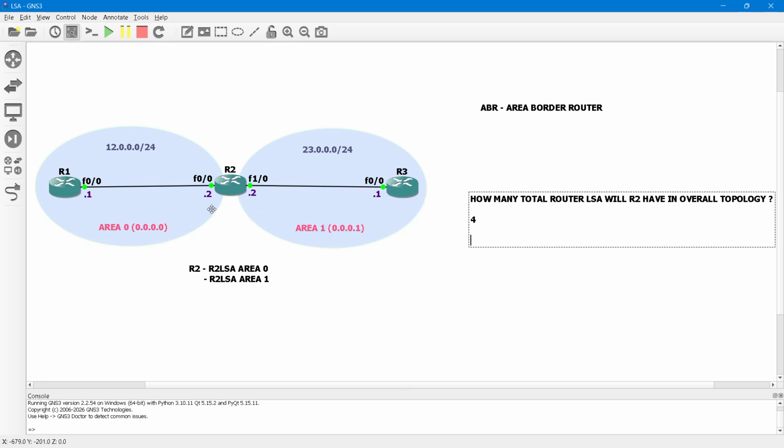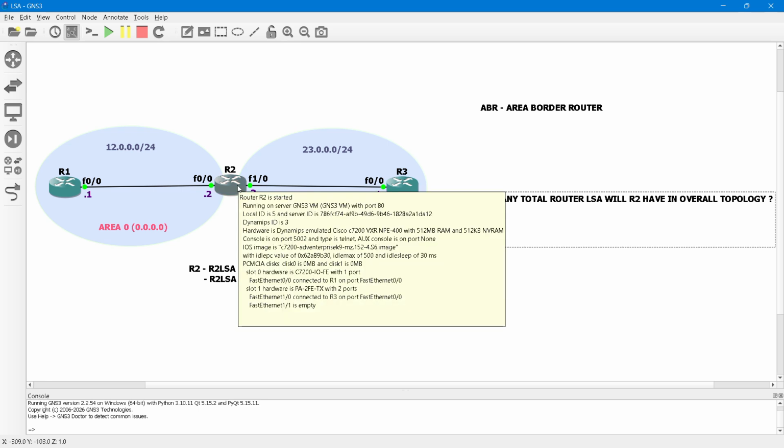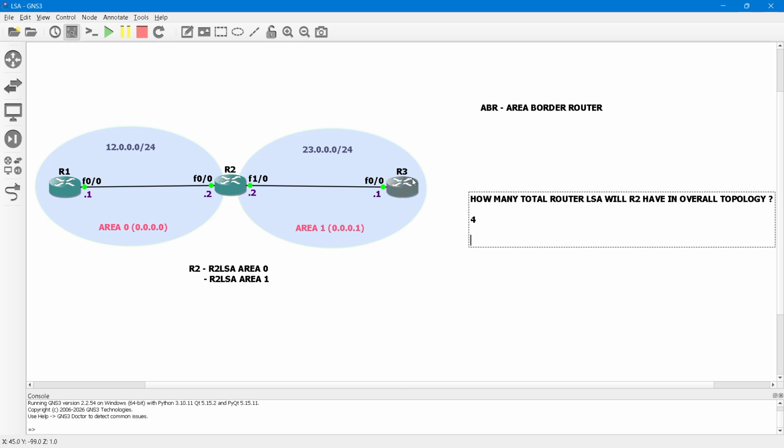So this is 2 LSAs. Now, for network 23.0.0.0, R2 will have its own LSA generated for Area 1 and it will also receive R3's LSA. So in total 4 LSAs, of type 1, router LSA.